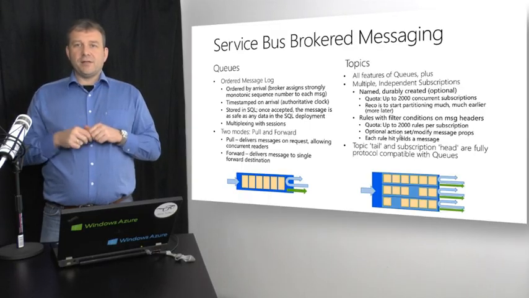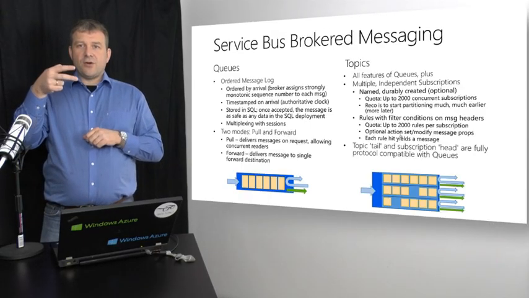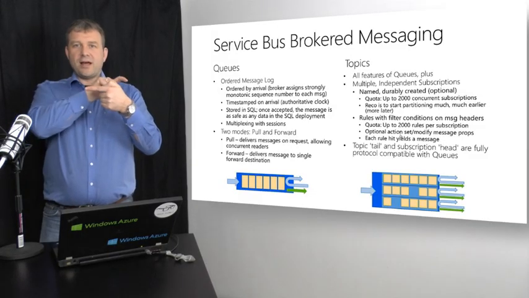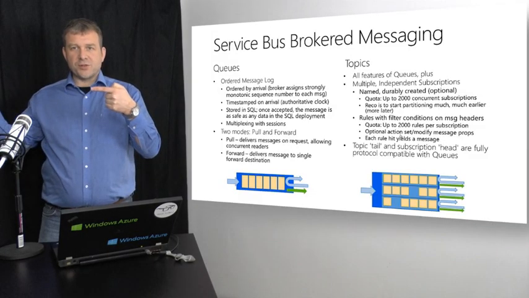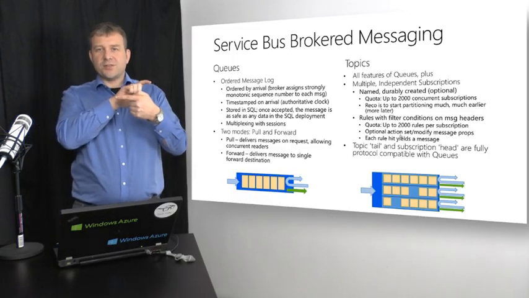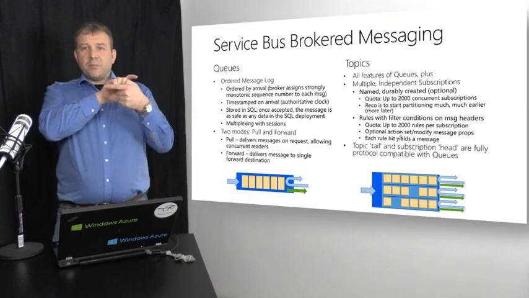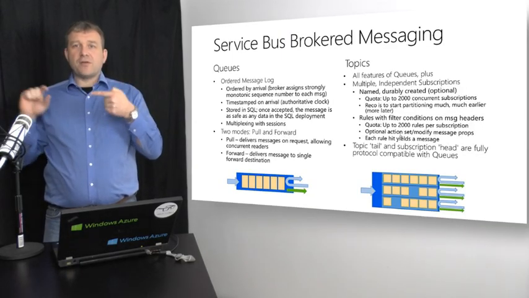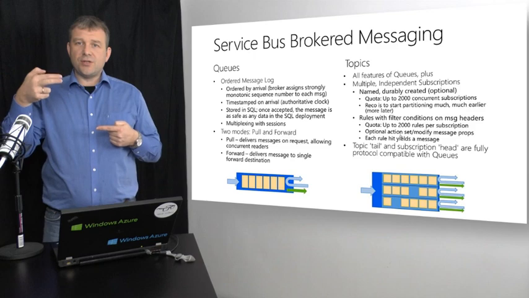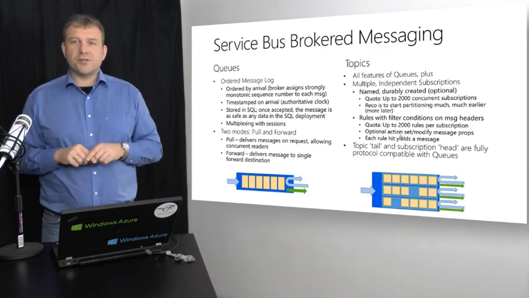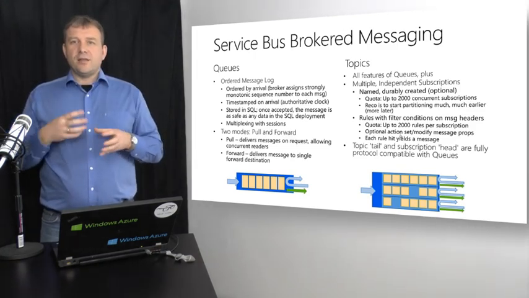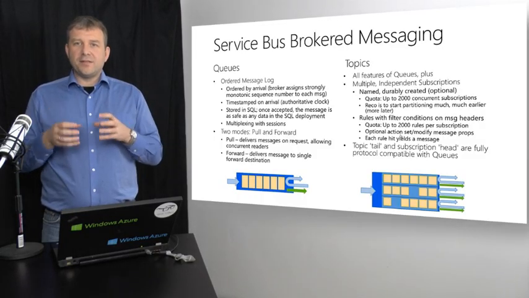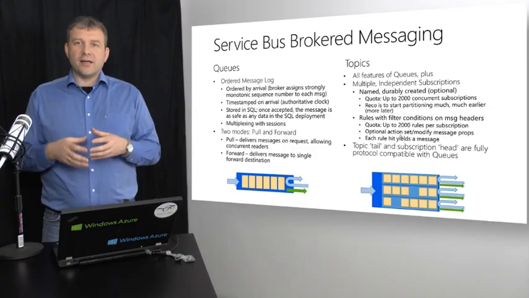If you have a topic and you have 2 subscriptions, now you're making 2 copies of each incoming message, which means you have a total throughput of 2,000 messages per second or 1,500 messages per second. But then, since you're always making 2 copies, the flow rate is only 750 messages per second because you need to make 2 copies, you need to push 2 messages out. So the mechanics are such that the throughput capability of an entity is kind of gated by the underlying mechanics.